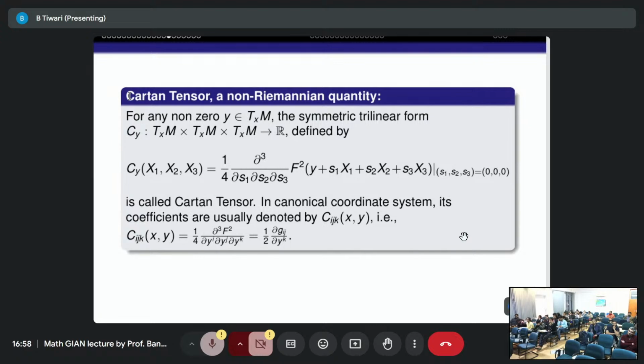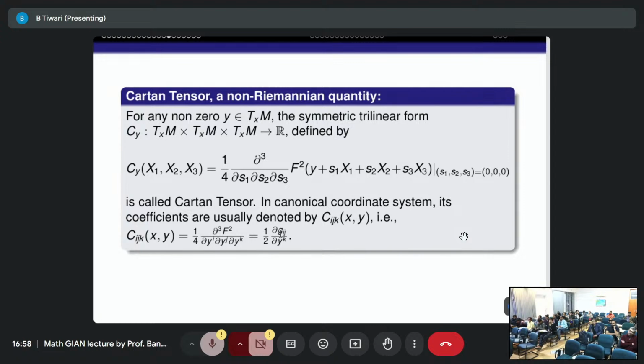Here is a very interesting quantity that was introduced by Cartan, well known as the Cartan tensor. It's actually the third derivative of the square of this Minkowski norm. Suppose its components are given by C_ijk.